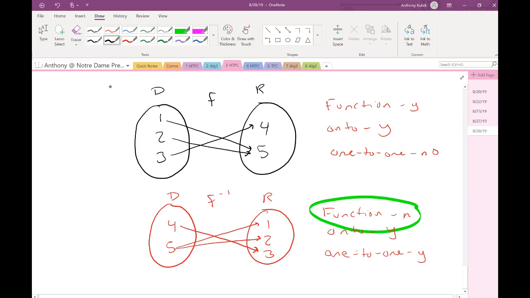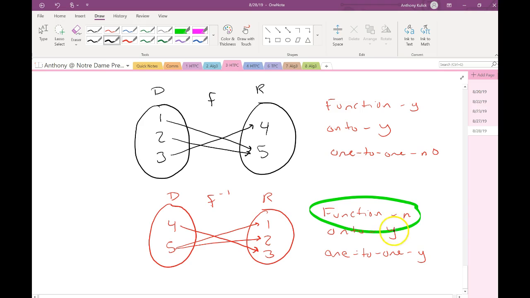Everybody's okay with this? So we saw something that was a function, it was onto, but it wasn't 1-to-1. This one down here, I think to be bijective, it also has to be a function. Right? So the definition requires a function. Injective and surjective, or 1-to-1 and onto, also require it to be a function.